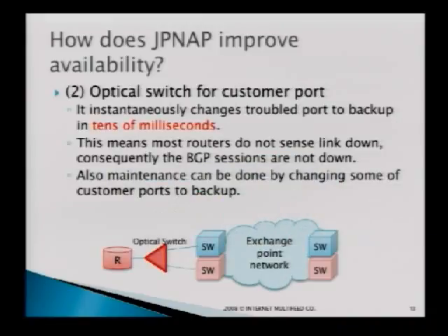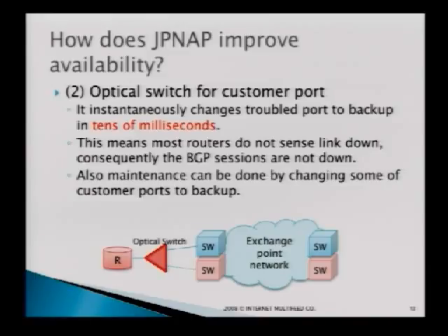And the next technology is an optical switch for the customer port. This optical switch changes from the main port to the backup port instantaneously. Instantaneously means tens of milliseconds. This optical switch is always watching the light from the Ethernet switch to the customer end. And if the light goes down, the optical switch soon changes the port to the backup side.